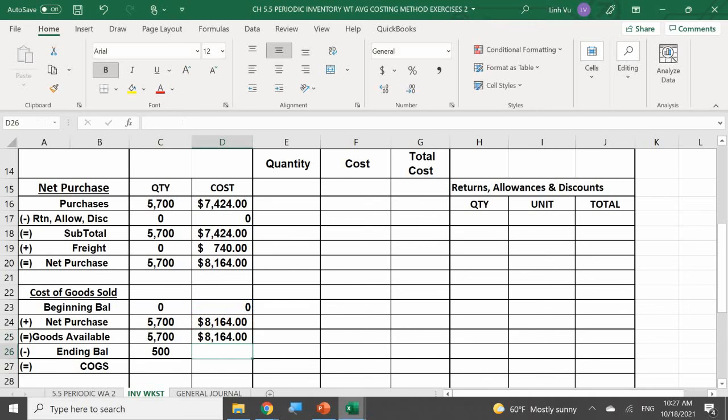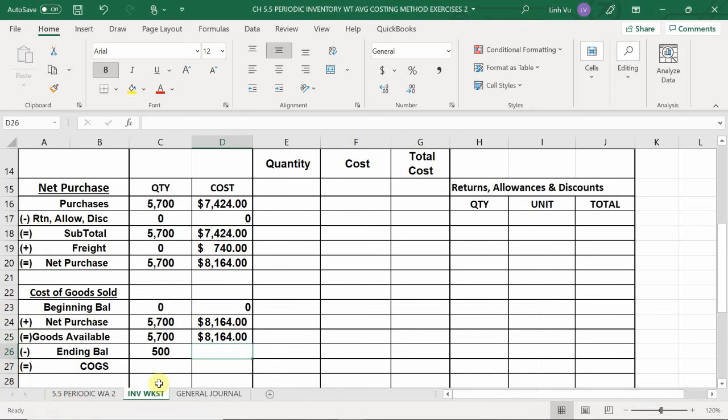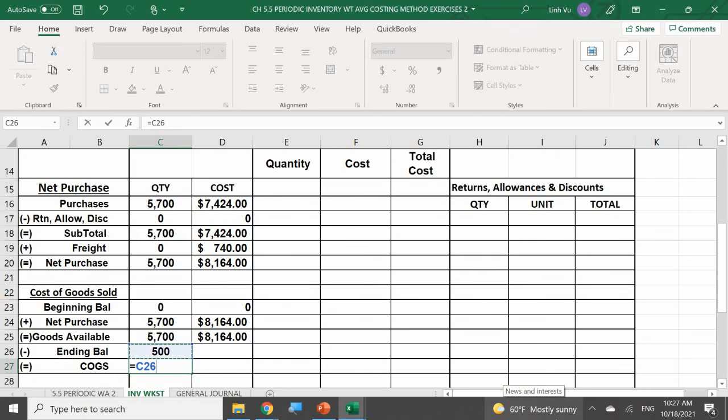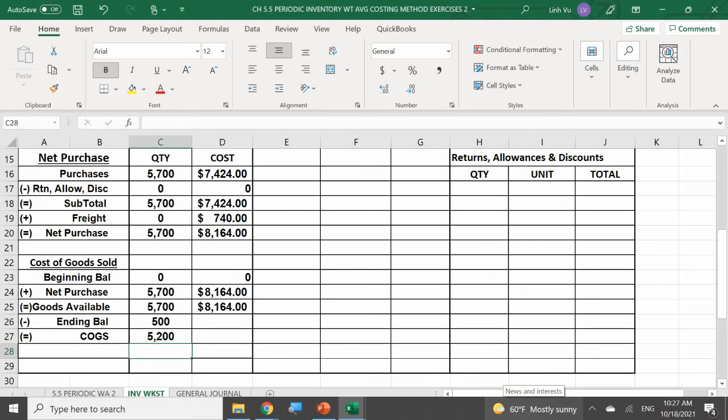Okay. All right, so if I have 500 left in inventory, my assumption is I must have sold how many units? 5,200.